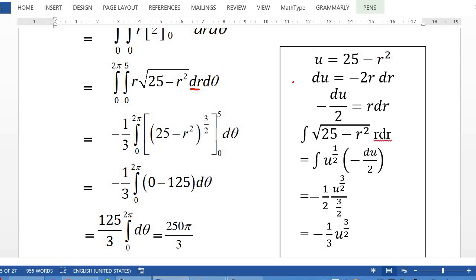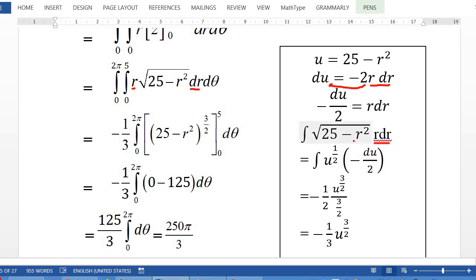If you want to integrate with respect to r, then du dr will be minus 2r, and then du will become negative 2r dr. So you notice you have the term r dr. For r dr, you replace it by bringing the negative 2 over, so r dr becomes du divided by negative 2, or minus du over 2. Hence, the integral of the square root of 25 minus r squared times r dr, where r dr is replaced by negative du over 2.